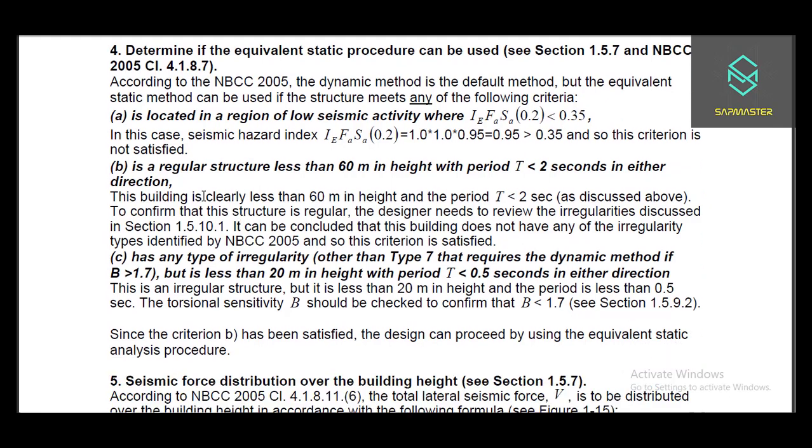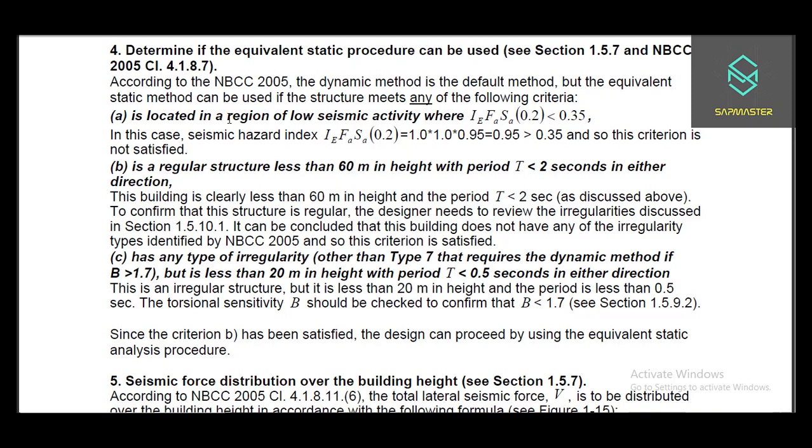Let's go to the second one. Is it a regular structure less than 60 meters in height with period of less than 2 seconds in either direction? It clearly has less than 60 meters in height, and the period is also less than 2 seconds. So this criterion is satisfied. And the other criterion is, does this building have any type of irregularity?